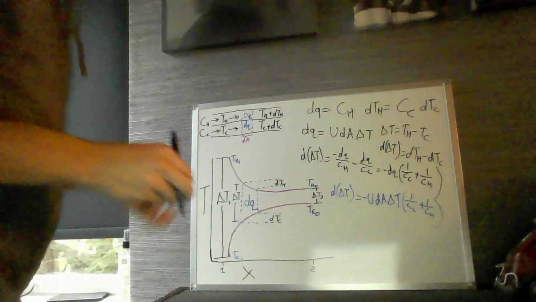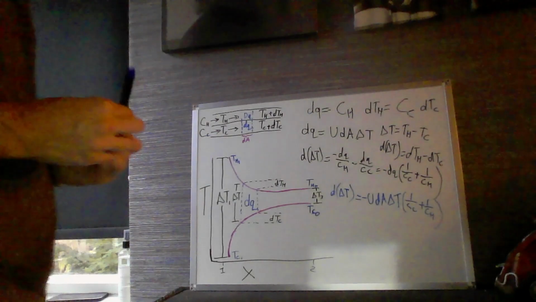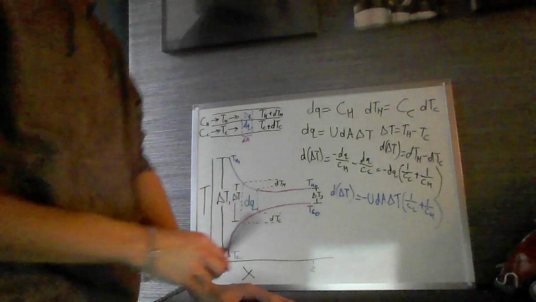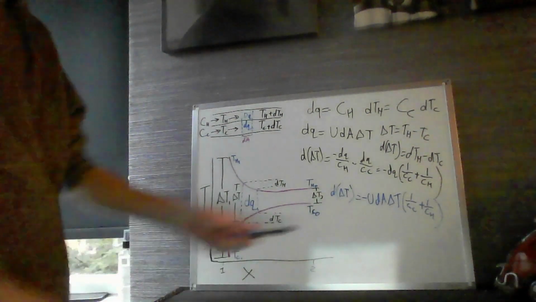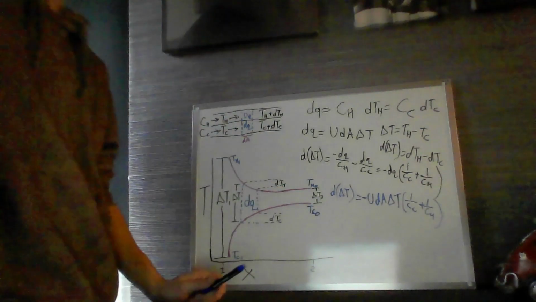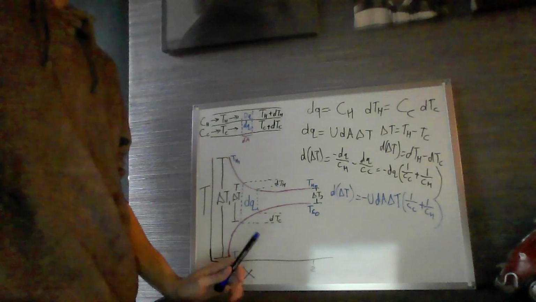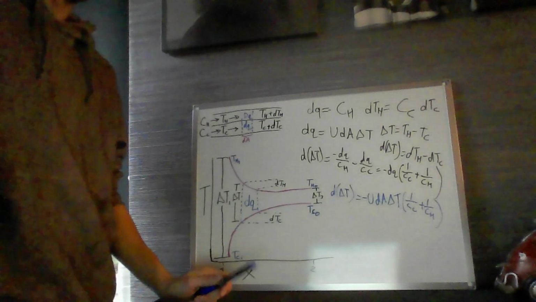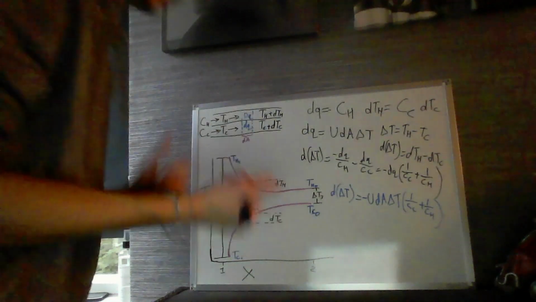u dA delta t multiplied by this expression, right? 1 over cc plus 1 over ch. Beautiful. Then the idea here, where this 1 and 2 comes in, what we're going to do is divide both sides by delta t, so that we get d delta t over delta t on this left-hand side, and we can bring out the integrals from 1 and 2, and then we will work from there, and everything will start coming together.